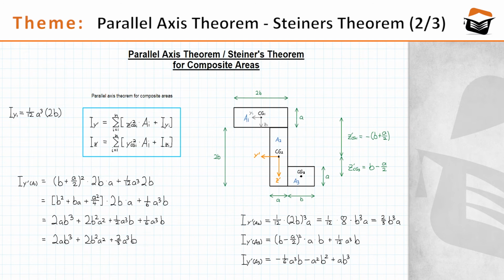So that is the equation for the area moment of inertia of A3. And finally, we can sum up these three equations to arrive at the area moment of inertia of the composite area with respect to y prime.